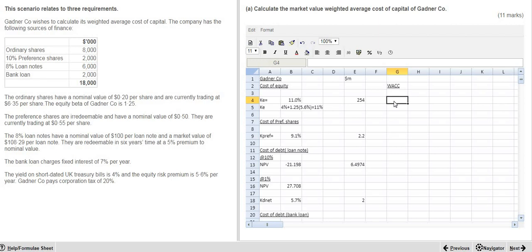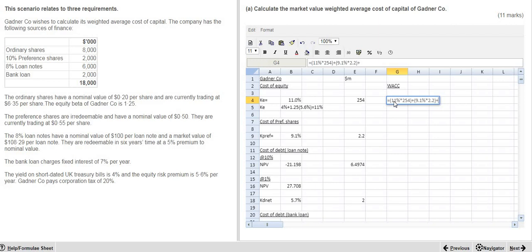Okay, so let me do the first one for the top. Equal to, open bracket, cost of equity is 11%. Multiply this by the market value. Market value is what? 254. Close bracket. Add to open bracket, cost of preference shares was 9.1%. Multiply this by the market value 2.2. Close bracket.